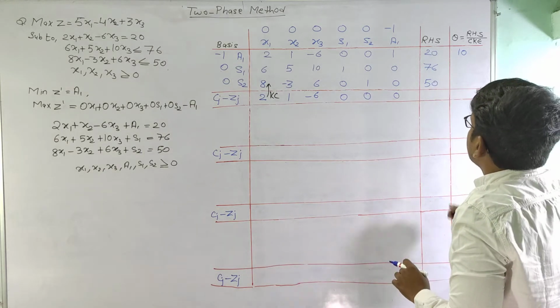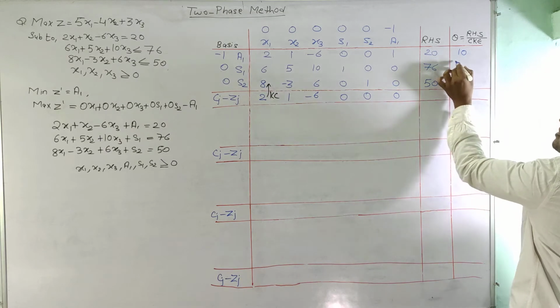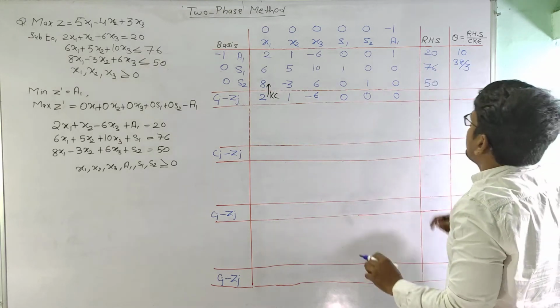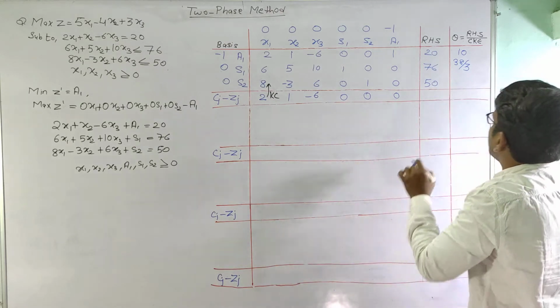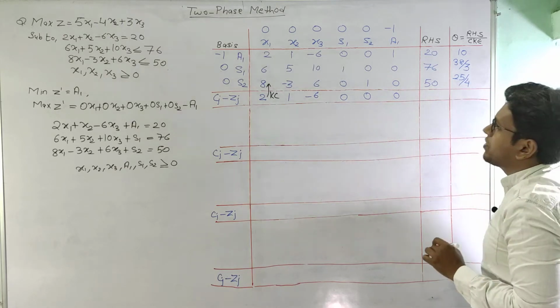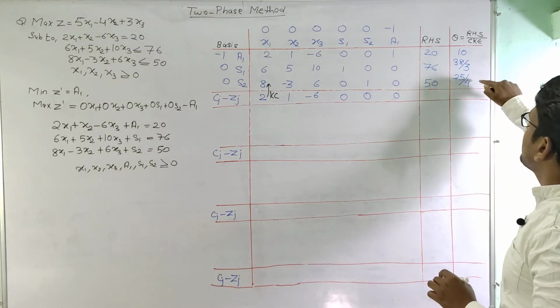Similarly 76 divided by 6 is 38 by 3, and 50 divided by 8 is 25 by 4. Now among these we need to find the minimum positive value.